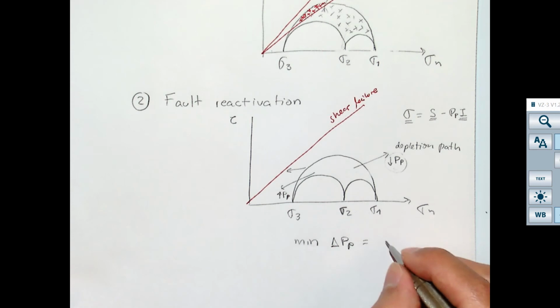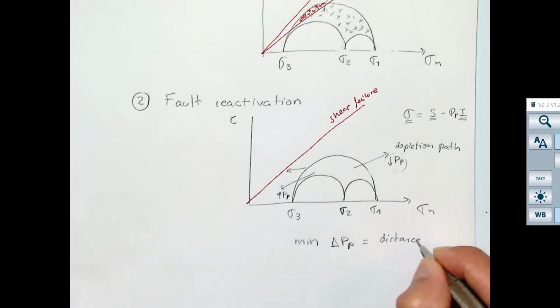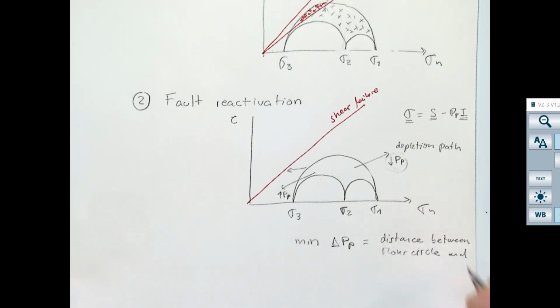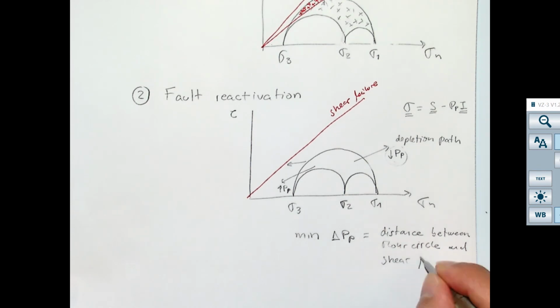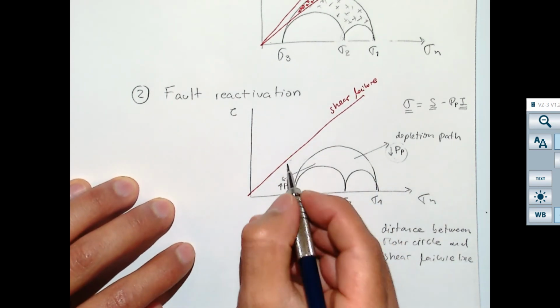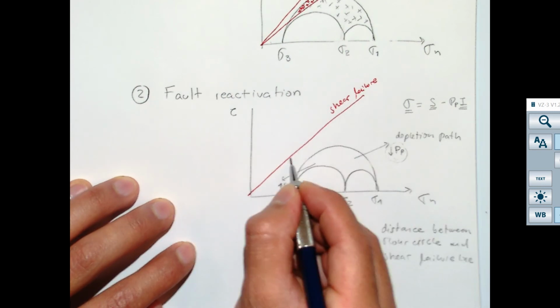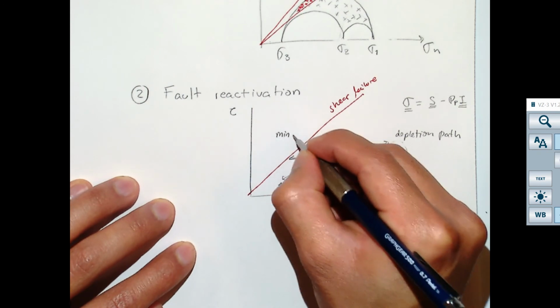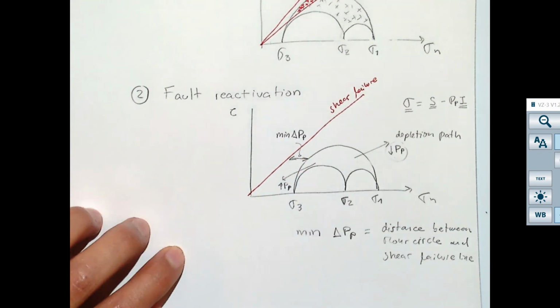is going to be equal to the horizontal distance between the Mohr circle and the shear failure line, which in this case is going to be that distance.